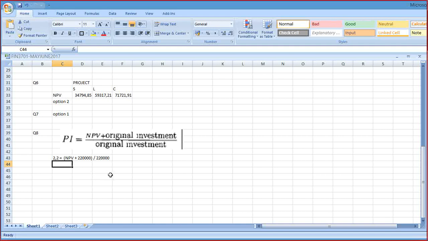Then you need to do some mathematics. So take the 220 across, it becomes multiply. 2.2 times 220 gives me that. Solve for NPV.